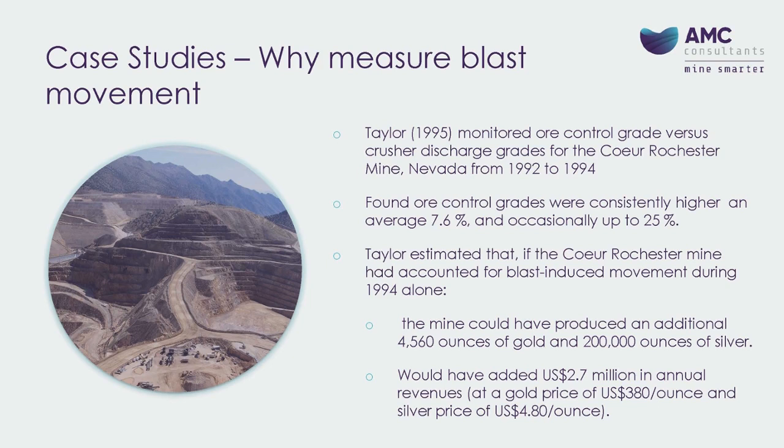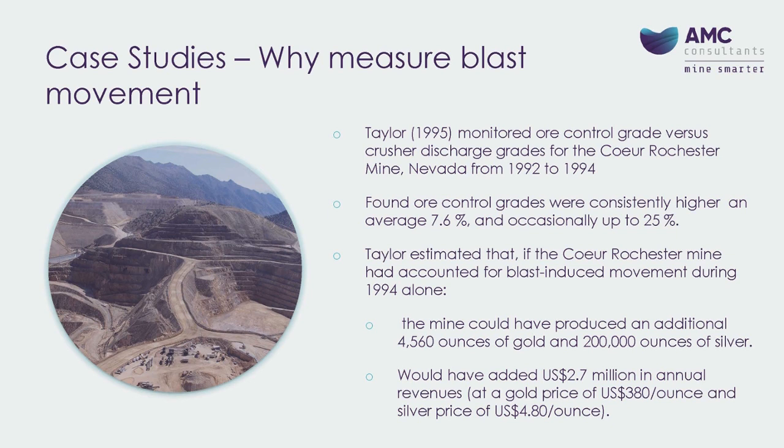In 1995, Taylor also monitored grade control versus crusher discharge grades for the Rochester mine in Nevada. And he found that all control grades were consistently higher by an average of 7.6% and on occasion up to 25%.